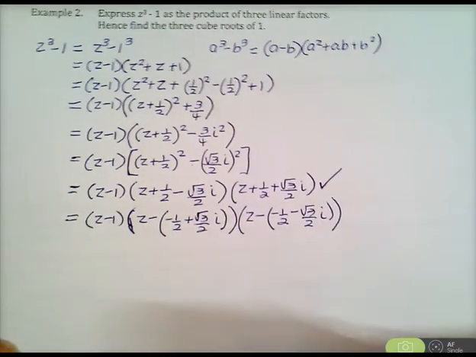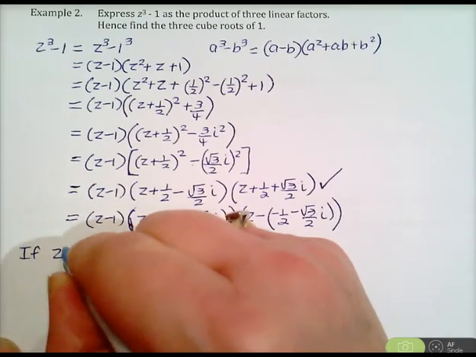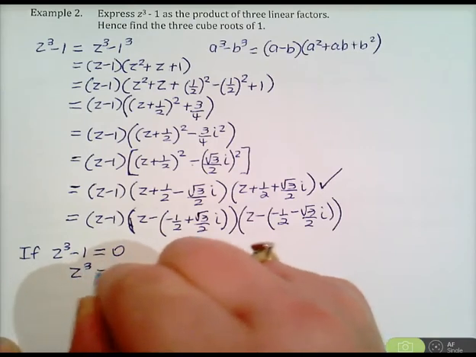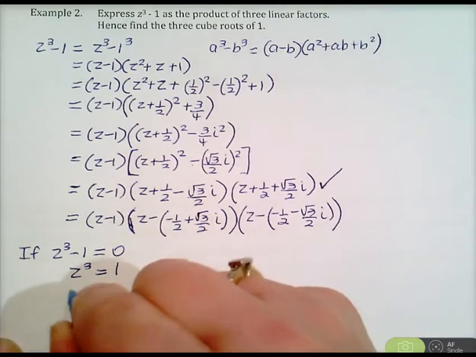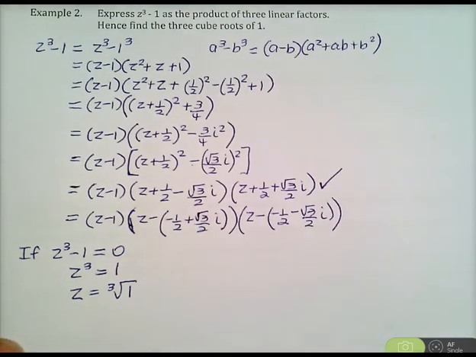cube roots of 1. So if z cubed minus 1 equals 0, then z cubed equals 1. And so therefore z would be the cube root of 1. So far, whenever you've looked at the cube root of 1, we've only written that our answer is 1. But if you've got z cubed equals 1, that is a cubic, so there must be 3 solutions.